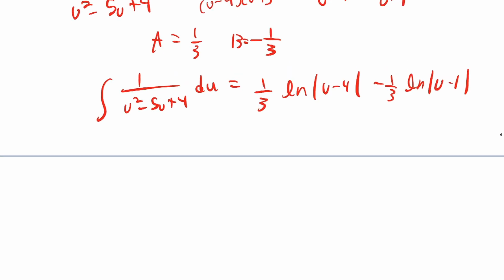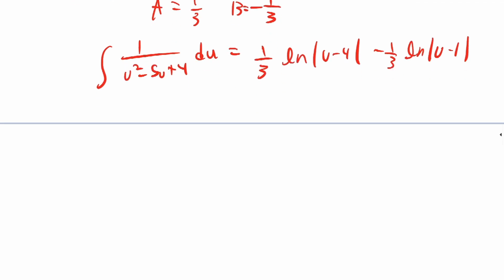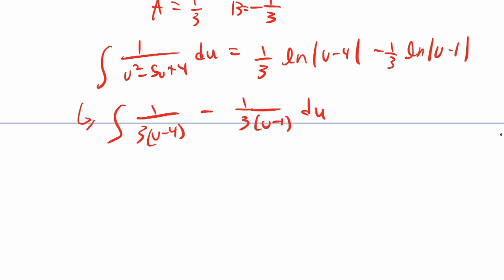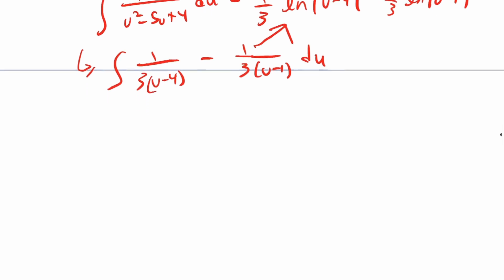Because we just did our partial fraction decomposition, this is our integral, which is basically 1 over 3 times u minus 4 minus 1 over 3 times u minus 1 du. So that's how we got to this part, and we of course have our plus c.